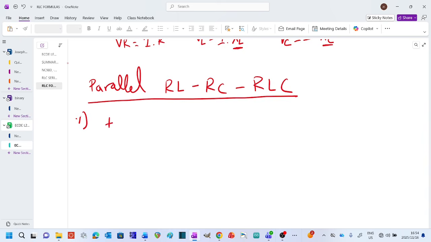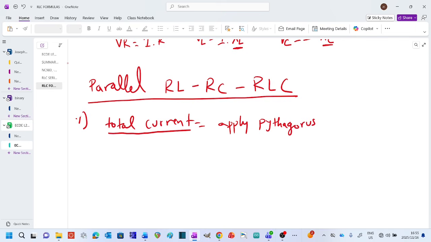Usually they will ask you to determine the total current. For that, we apply the Pythagoras formula here.